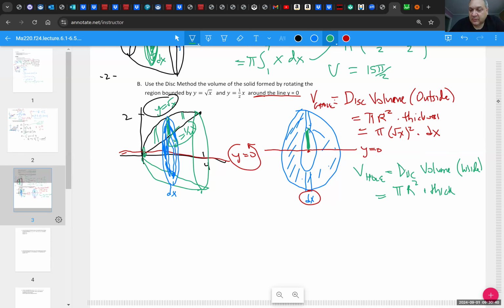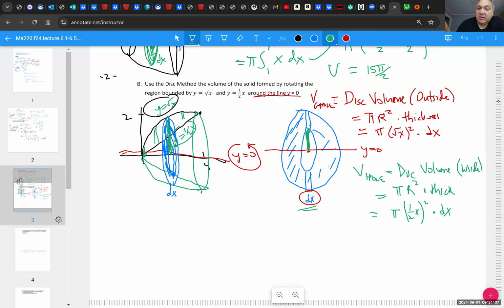So the radius is just 1/2 x squared because it's radius squared, right? Remember, we're just going for this bottom part, and the bottom part is for the bottom function. That's y equals 1/2 x. So it's pi times that interior radius squared times the thickness, which again is dx. And that would be the volume of that inside hole.